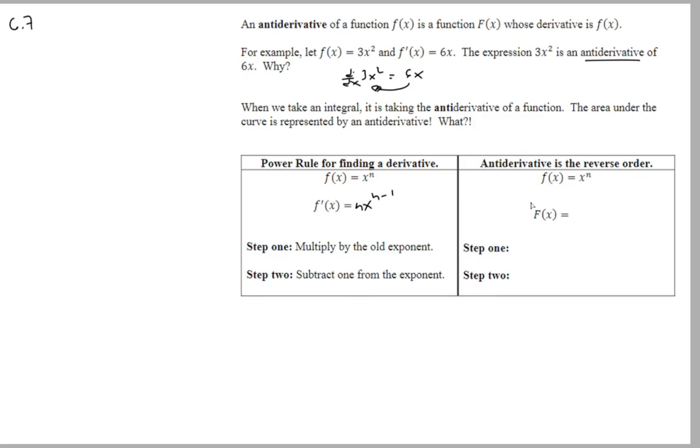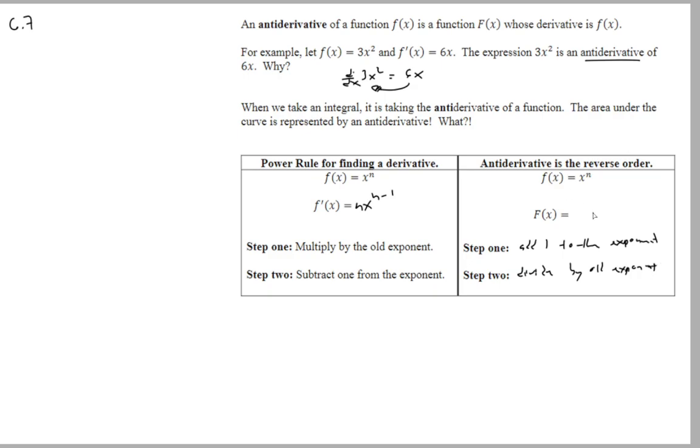So the antiderivative is the reverse order. The first thing you do is add 1 to the exponent, and then you divide by the new exponent, not the old exponent.